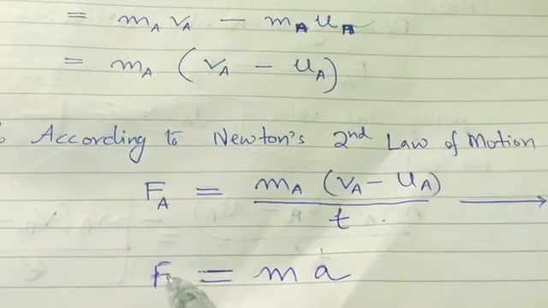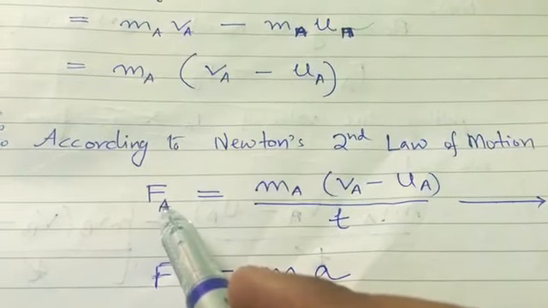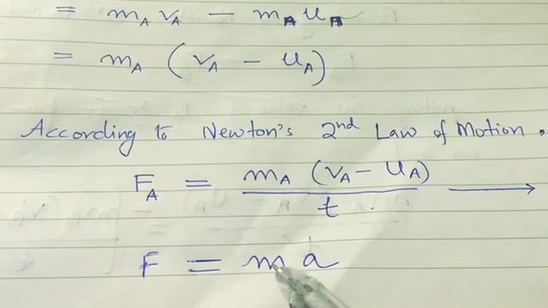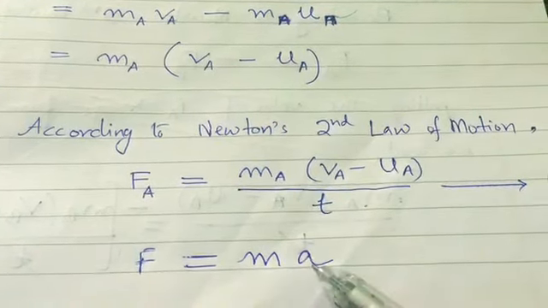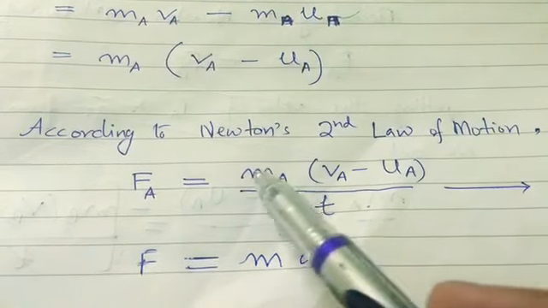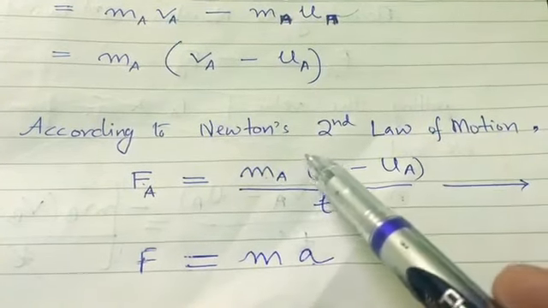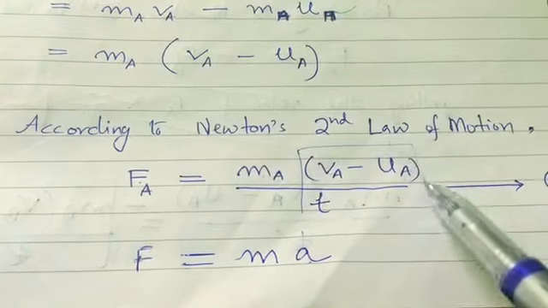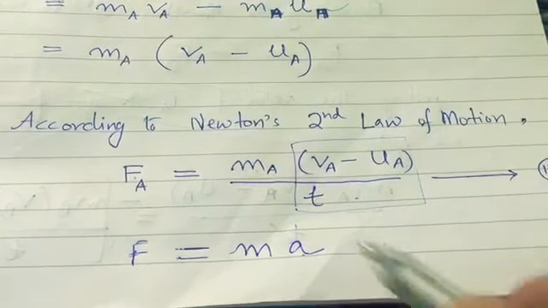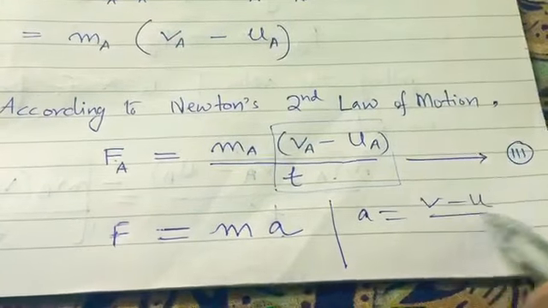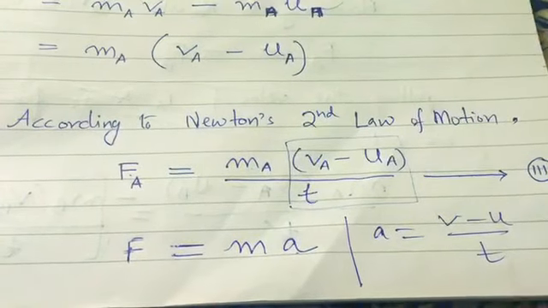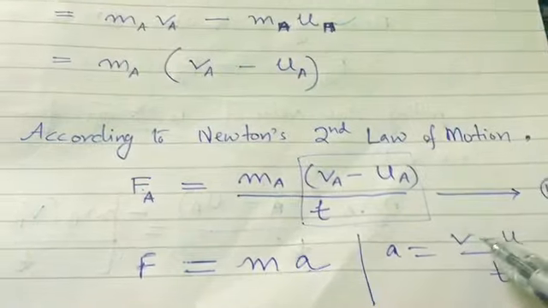And we have taken force this for the ball A. Mass we have taken for the ball mass A, and this a means what? Acceleration. F equal to ma, this is nothing but it is the acceleration. Okay, we know the formula for a is equal to v minus u by t, rate of change of velocity, isn't it?